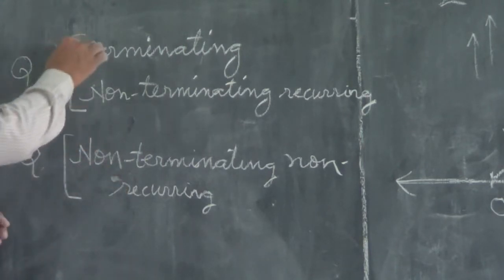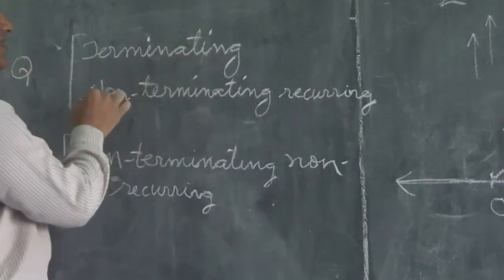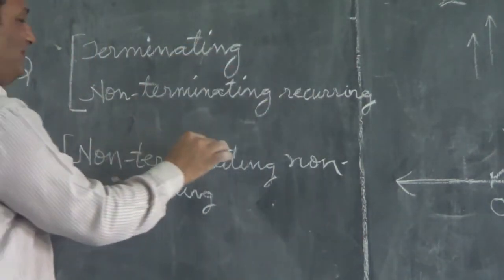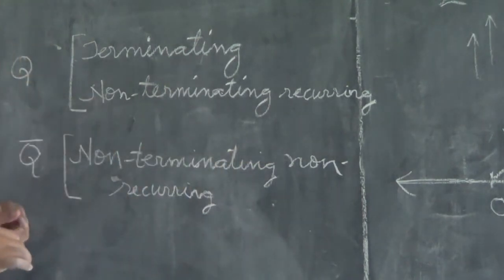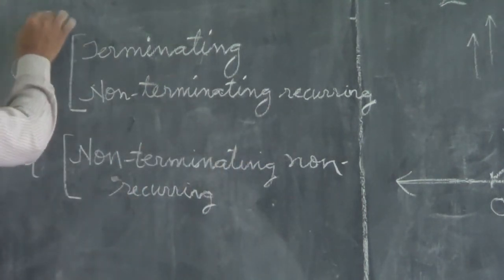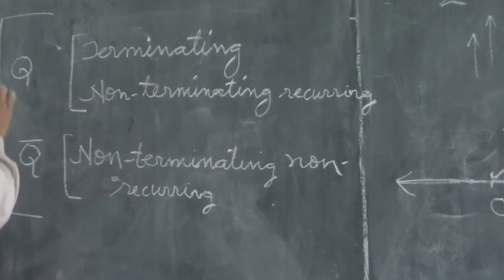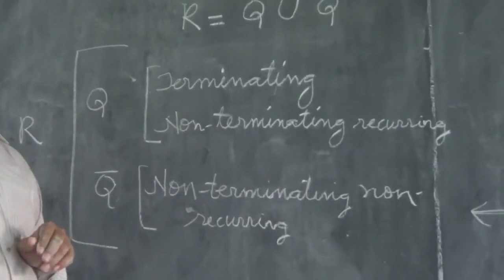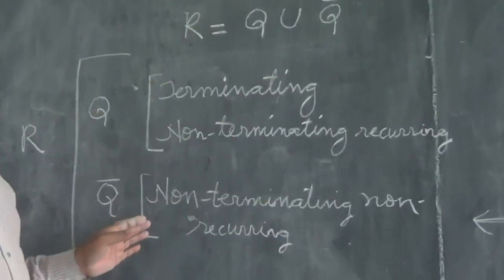So all these terminating decimals, non-terminating recurring decimals, non-terminating non-recurring decimals, all types of decimals, are now called real numbers.